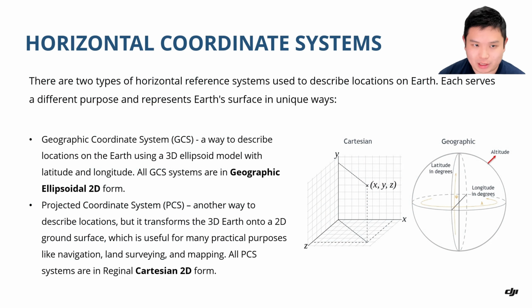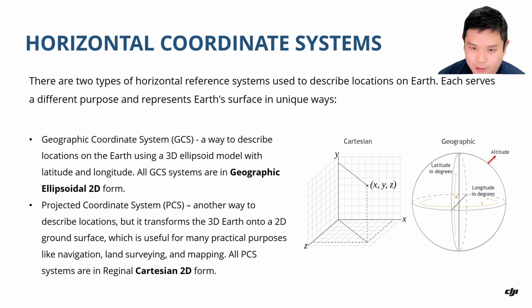So there are two types of horizontal coordinate systems used to describe locations on Earth. Same objective: you're trying to pinpoint a target location relative to the Earth, just with two different methodologies. That's why you have two types of horizontal coordinate systems. The first is called the geographic coordinate system, or some people call it the geodetic coordinate system, in short GCS, which uses an ellipsoid model to describe the Earth.